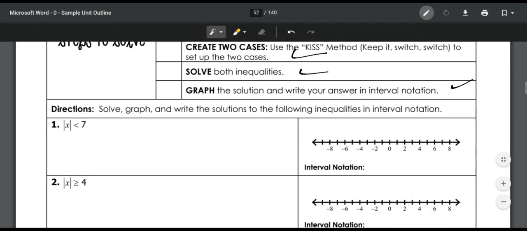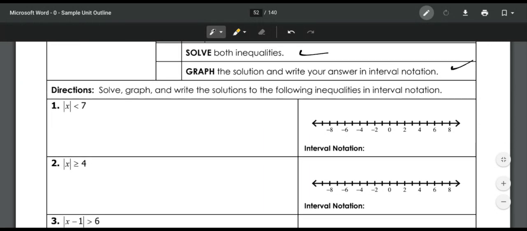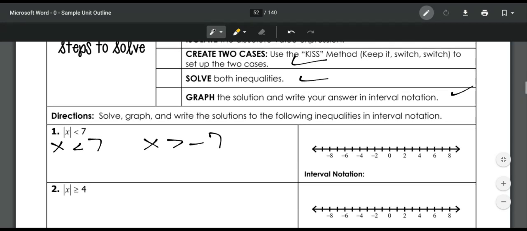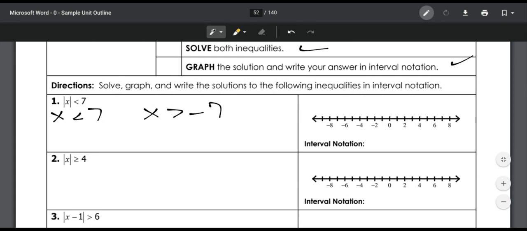First couple should be easy because the variable is already isolated and pretty much done. So we keep the inequality, and then we flip the sign and flip the sign of the other number. And we just graph it. X is less than 7, and x is greater than -7.